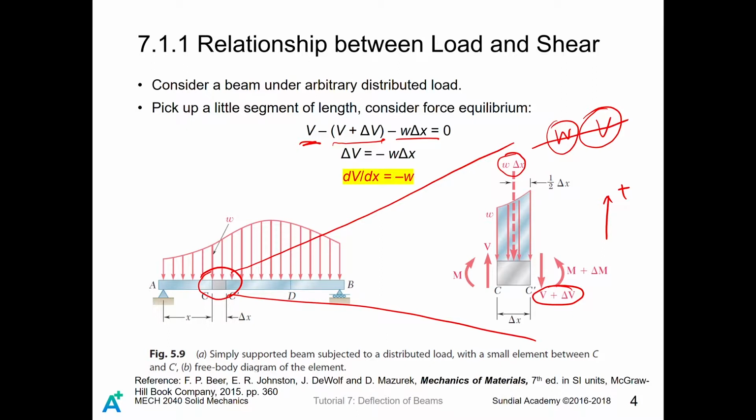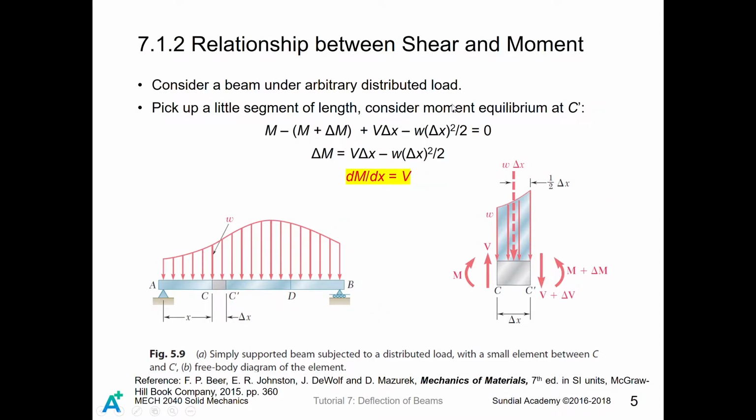You know that delta V equals minus W times delta X. If we write the delta into the differential form, then it becomes an important equation, which is dV/dx equals minus W, meaning that the external load equals the negative of the derivative of the internal shear force with respect to x. So just now we have the load and the shear force, those two marbles, connected together.